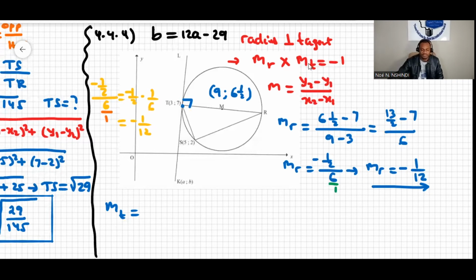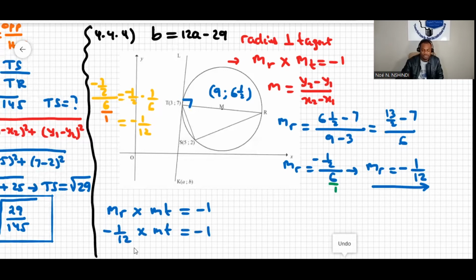So we're going to do MR times MT equal to negative 1. And we know that MR is negative 1 over 12, times MT equal to negative 1.